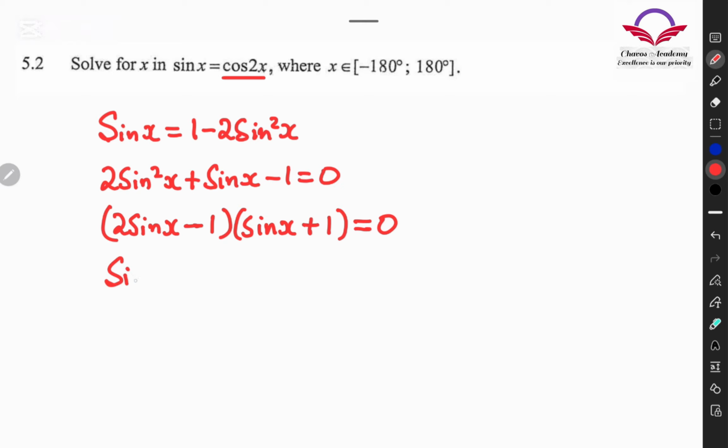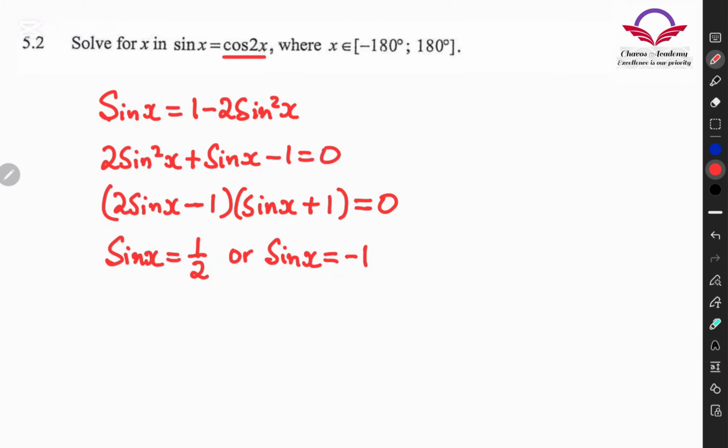Okay, right. So these are the factors. We're going to have sine x equals 1 over 2, or sine x equals negative 1. Then from there we're going to say, okay, for this first one here, we can have the ref angle as second function sine 0,5, which is half, and this will give us 30 degrees.